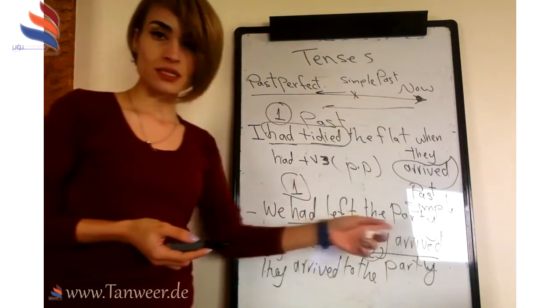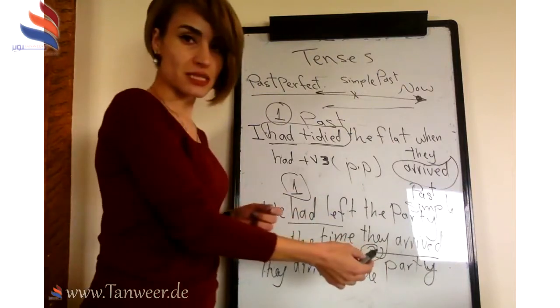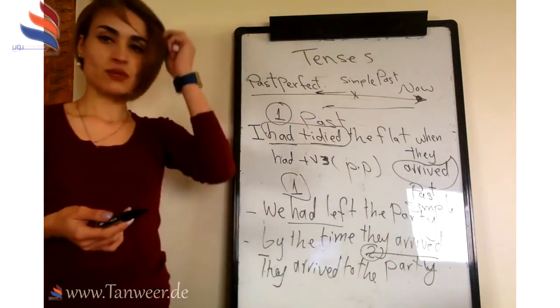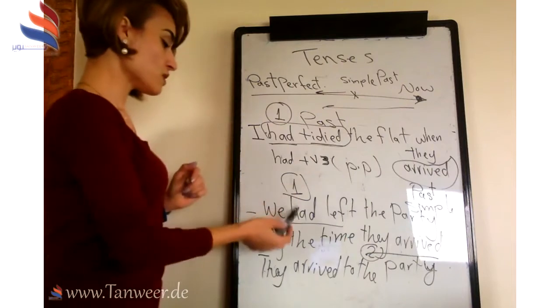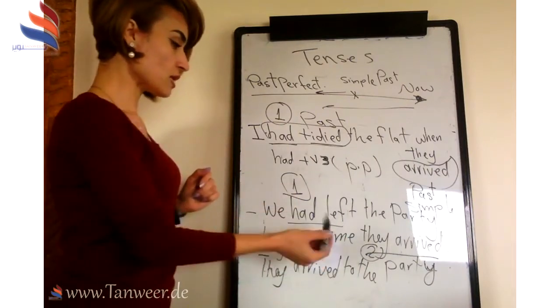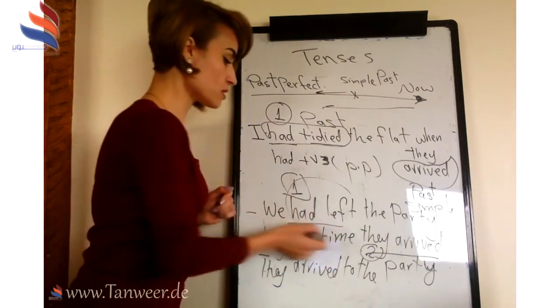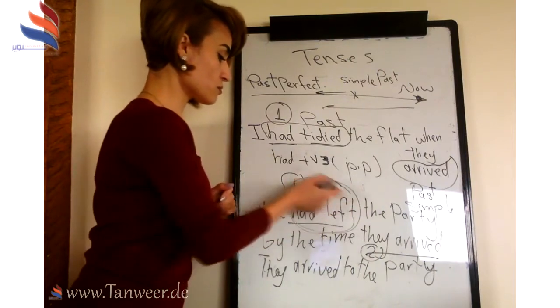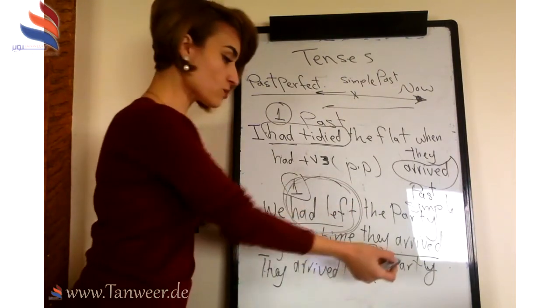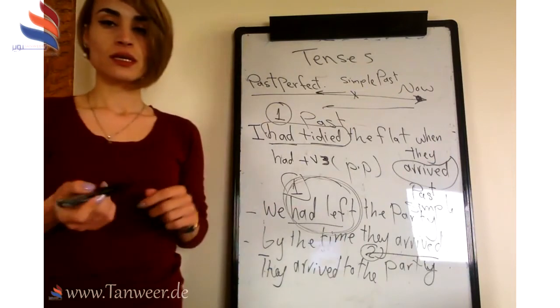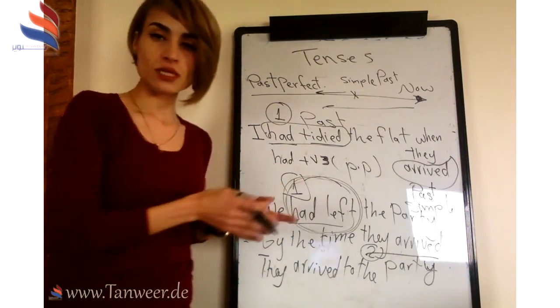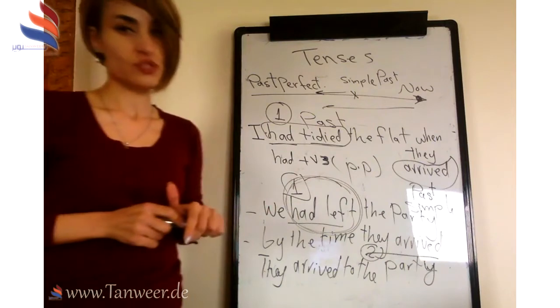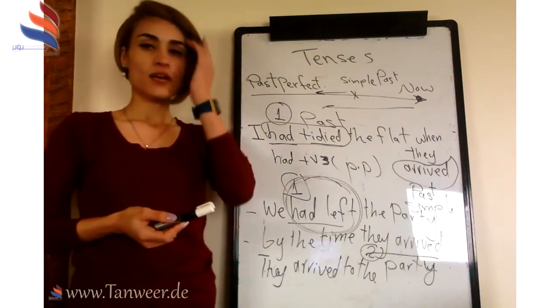Not how to arrange them in the sentence. No, I'm talking about time. Okay, which one happened first? So if the first one, the had left, happened first, it must be past perfect. The second one, simple past. It's not where we put them in the sentence, it's about which one happened first. Okay? I think this is clear.